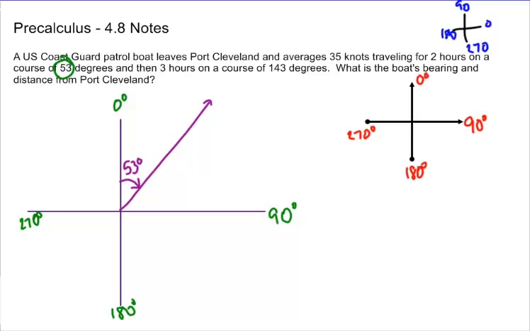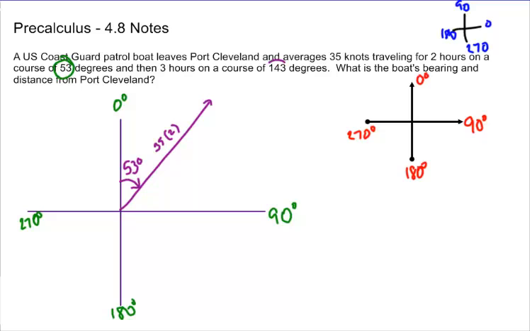So we travel at 35 knots for 2 hours in this direction.